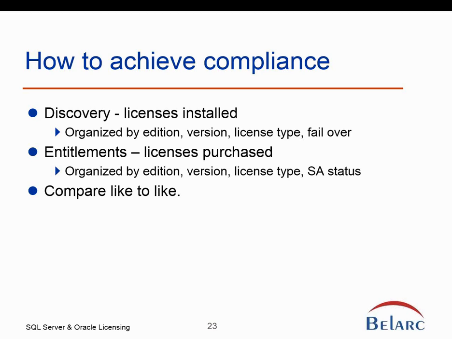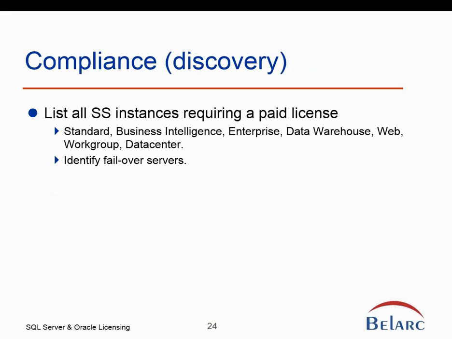Then you'll do the same thing on the entitlement or purchase side, where you get your purchase records together and organized. At the end, you'll be able to compare like to like, meaning what should be licensed compared to what you've installed of each kind of thing. So let me go into the details.